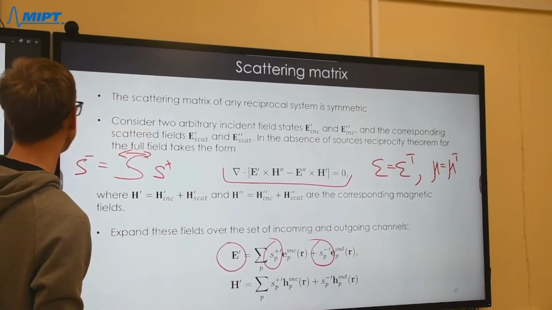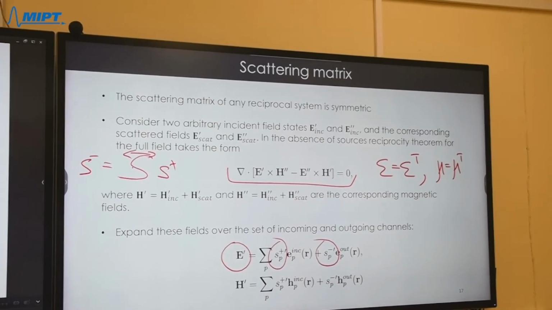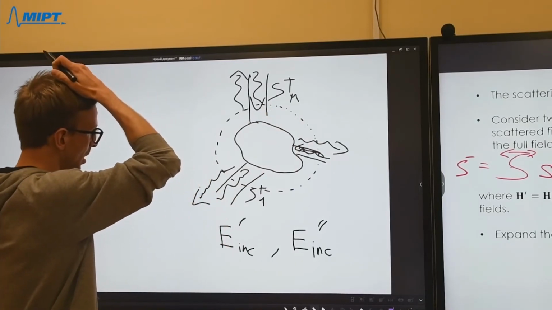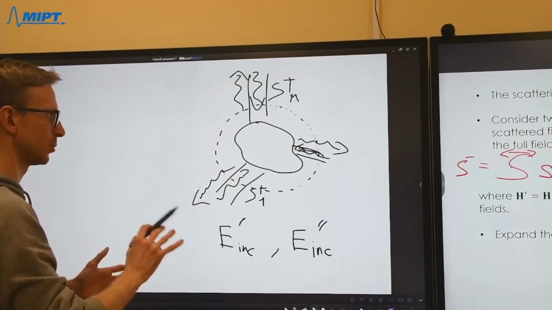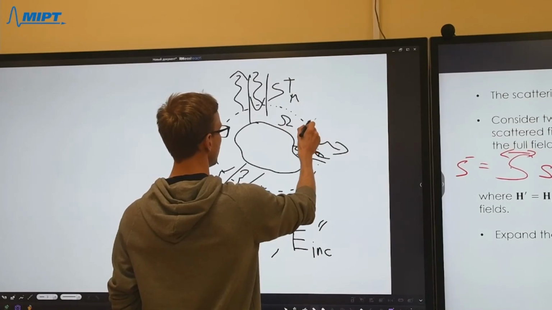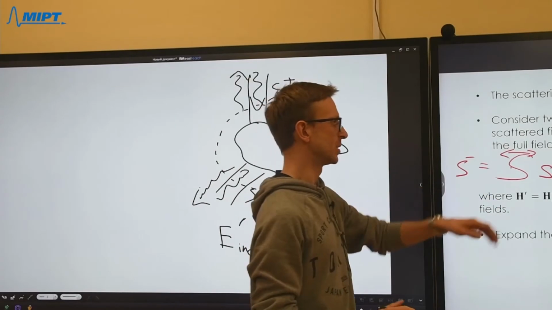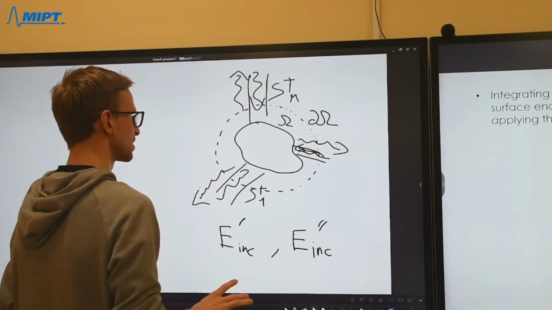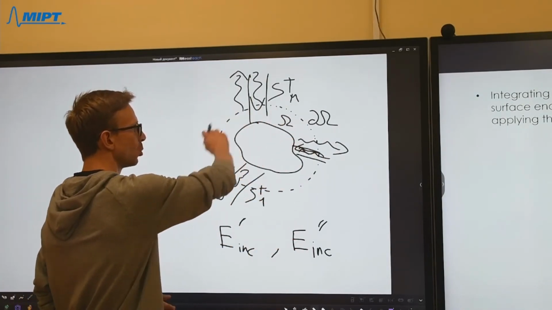And what we do then is that we take this identity and we integrate it over this volume that entirely encloses our structure. The volume, I will denote it as omega, and the boundary of this volume is d omega. In order to integrate this, I apply Gauss's theorem, which allows me to reduce the integral over volume to the integral over the surface.